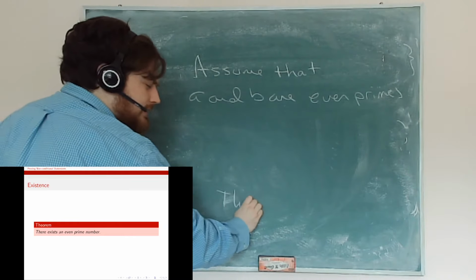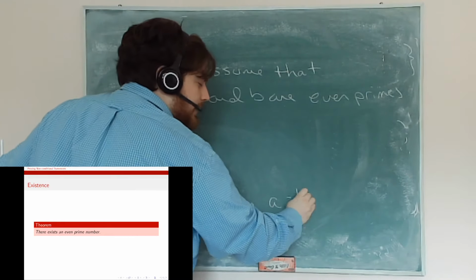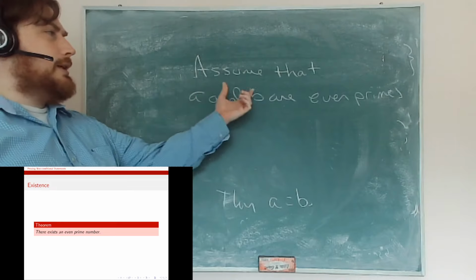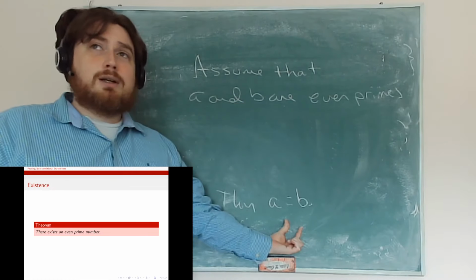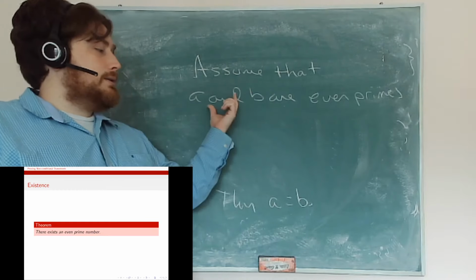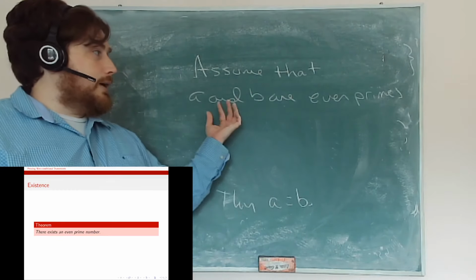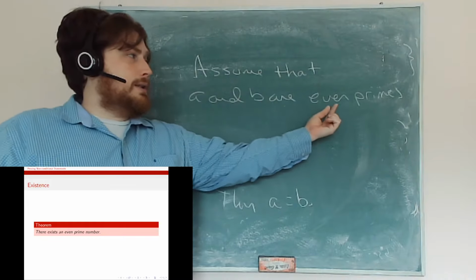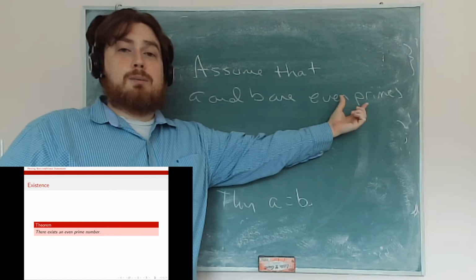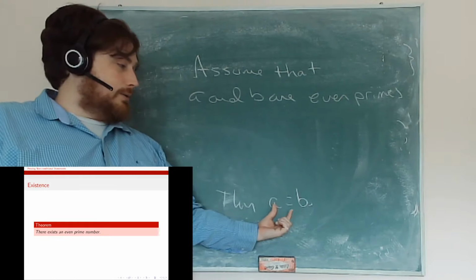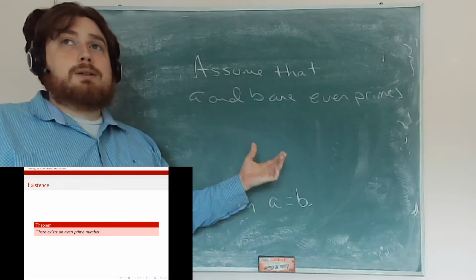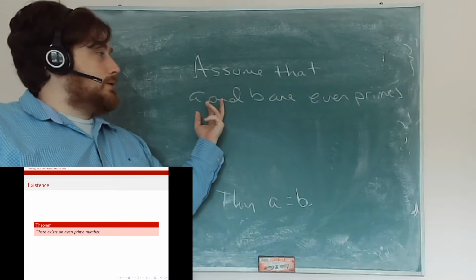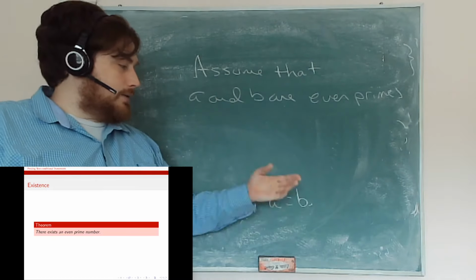Then A is equal to B. So what I'm saying here is I assume that I have two of them. I showed that they have to be the same. That means that if I had any other ones, they'd have to be the same. So if I have anything that satisfies this property, namely being an even prime, it has to be equal to the original one that I found, so there can be only one. So this is how we do a uniqueness proof. You assume that we have two, and we have to show that they're equal.